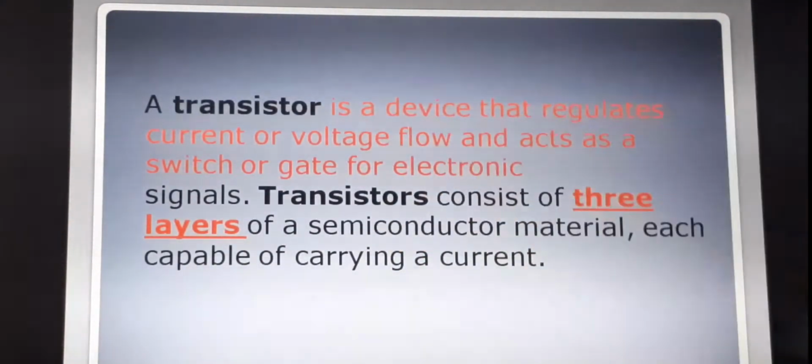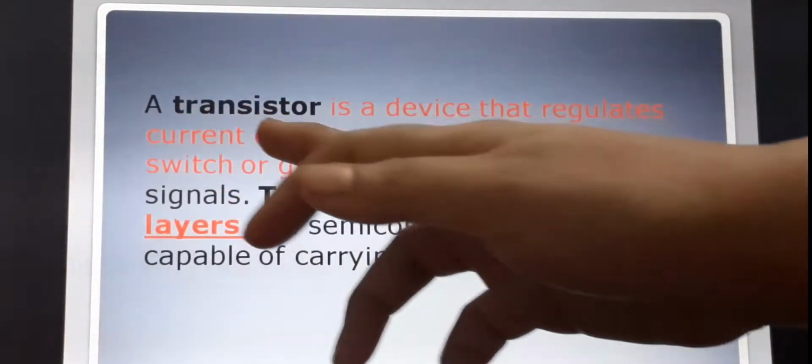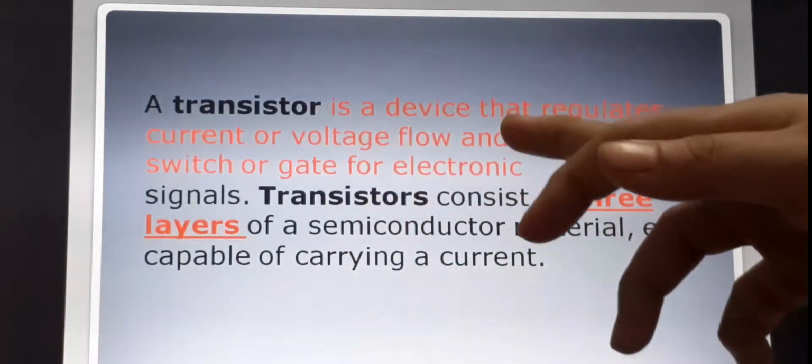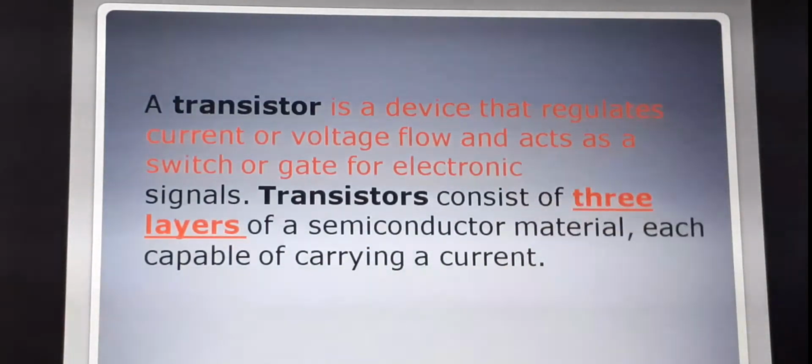A transistor is a device that regulates current or voltage flow and acts as a switch or gate for electronic signals. That means it regulates current and voltage flow and acts as a switch or gate for electronic signals. You can also give it that a transistor is a device that regulates current or voltage flow.